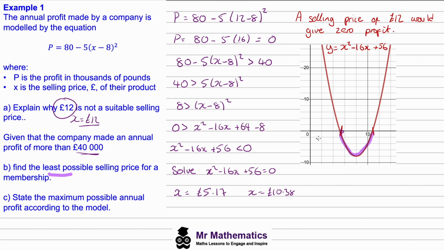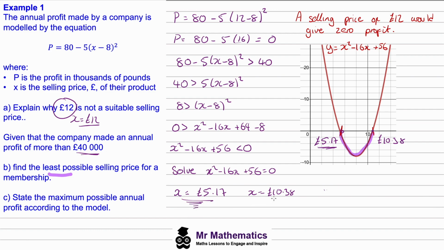This one will be at £5.17 and this solution will be at £10.83. So between these two values, this inequality will be less than 0. But what we want is the least possible selling price. So this will be the £5.17. So this will be our solution, okay?